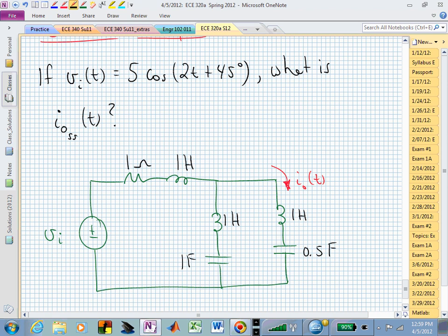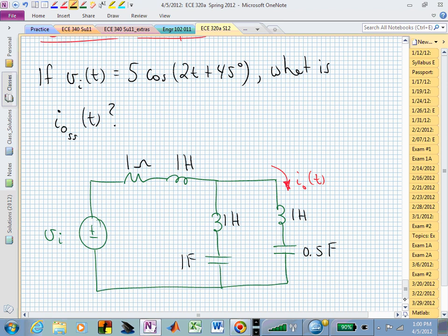Meaning you can immediately take this into the transform domain without worrying about the initial conditions. If you did worry about initial conditions and they were given to you, how many would we have? 5. So we could have 5 different sources in addition to this particular input voltage V sub I, if we wanted to really make it more interesting.